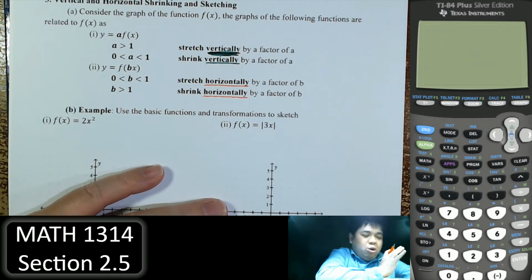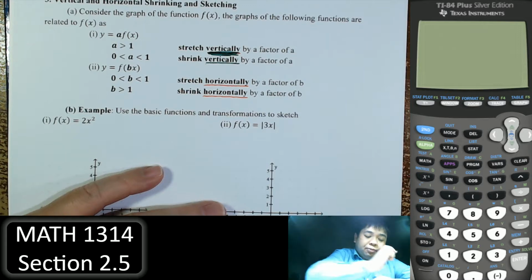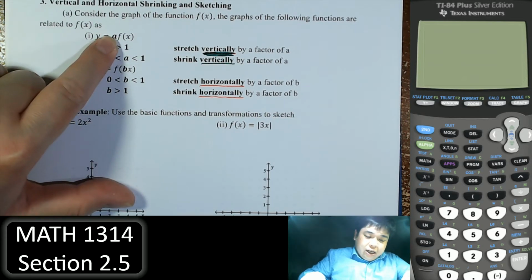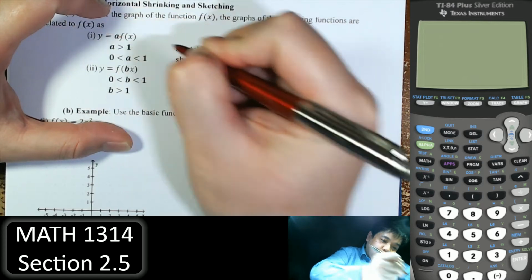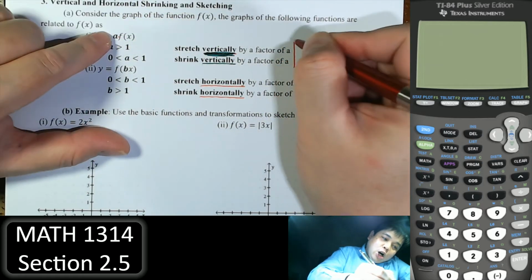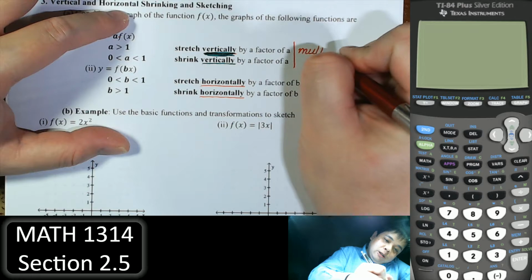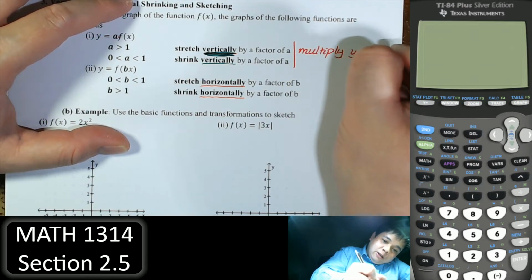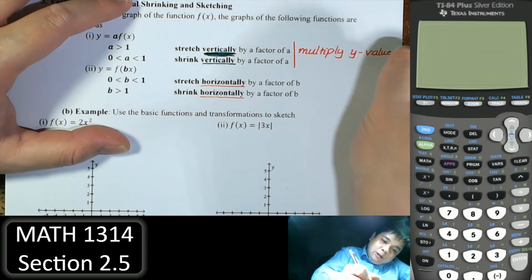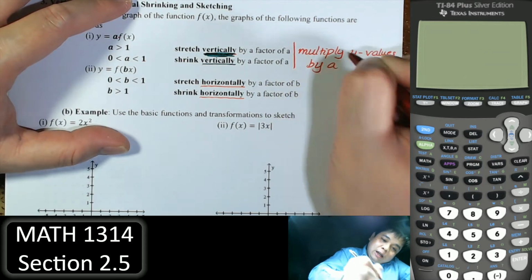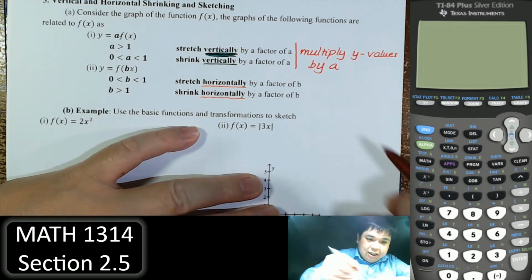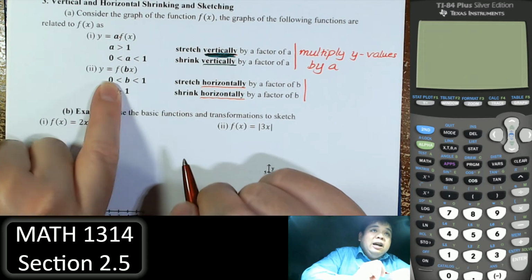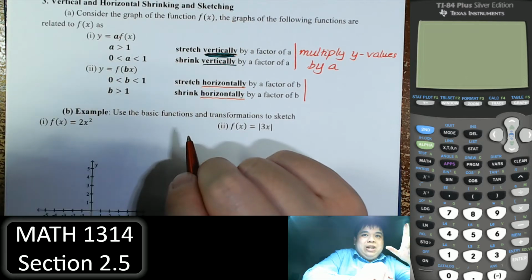Actually, we don't even need to know if it's a stretch or shrink. What's more important is that we know whether it's from the outside or from the inside. So from the outside, we just multiply. So here we just say multiply y values by a, and here it is inside, so it has to be in the reverse manner.